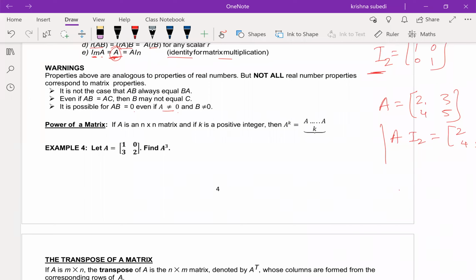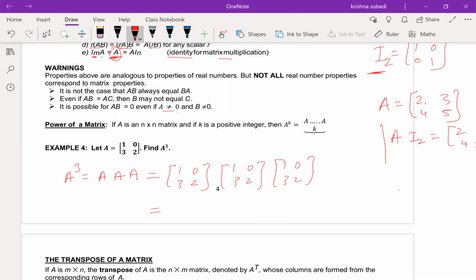Now let's try this. If A is an n by n matrix and k is a positive integer, then A^k can be written that way. So for example, A is this, find A cube. How do we find that? Well, A cube means A times A times A. You can multiply the first two and then multiply the result by the other one.